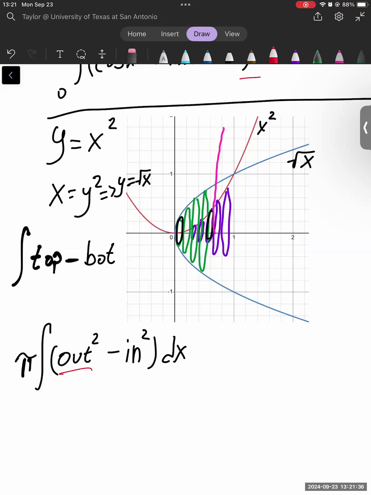Okay, so it's the same approach to area between curves as far as determining what's your outer and what's your inner radius. I'm going to draw my vertical line, and whatever I hit first is going to be my outer radius, and whatever I hit second is going to be my inner radius. So in this case, we hit square root of x first, and then we hit x squared.